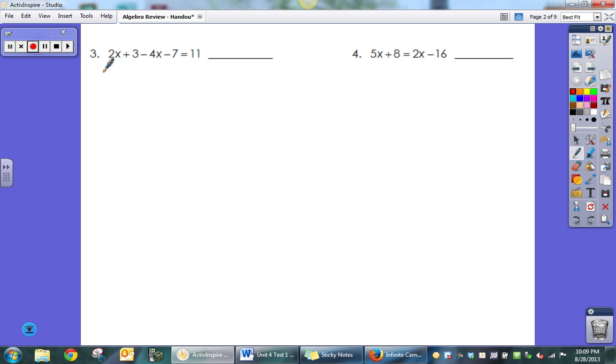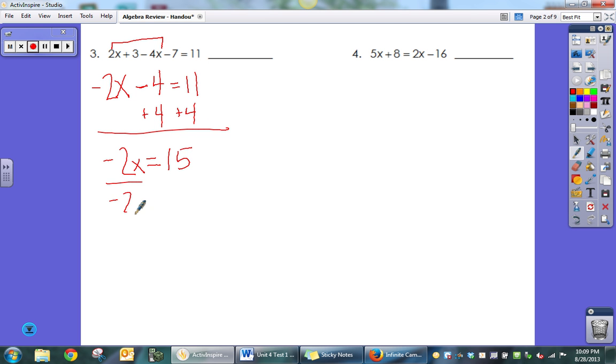Continuing with solving equations, I'm combining like terms. So I'm going to combine my 2x and my negative 4x to become negative 2x. And then I'm going to combine my 3 and my negative 7 to become negative 4 equals 11. Add 4 to both sides. Negative 2x equals 15.